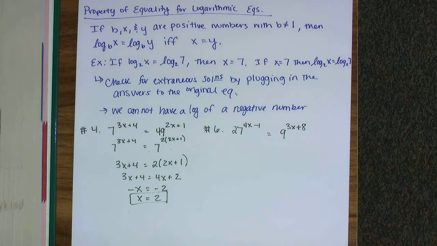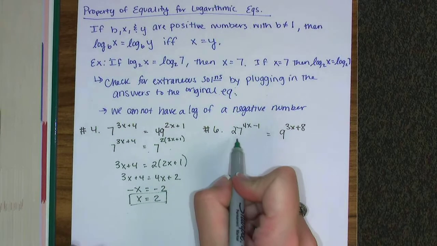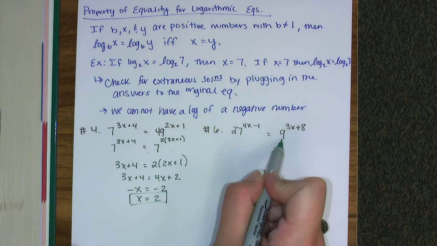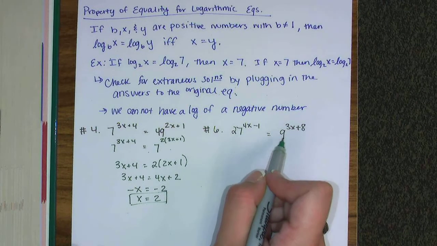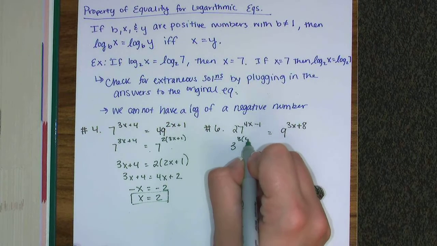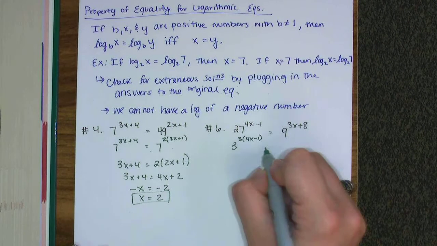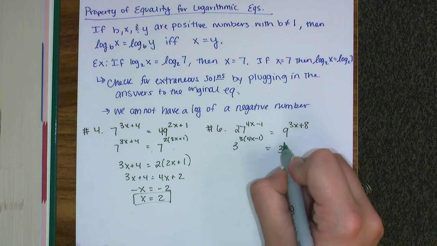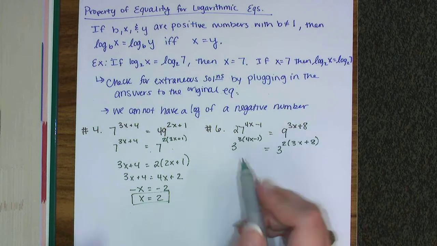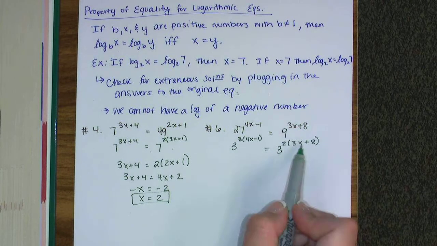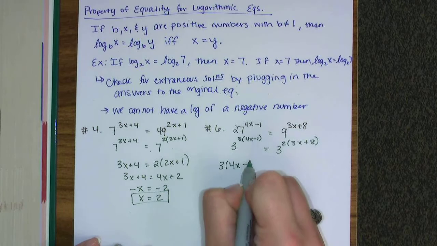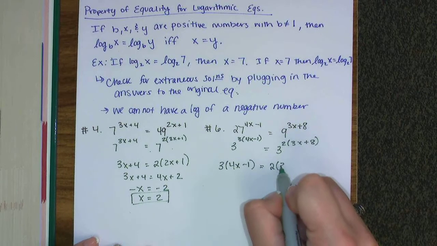So I could rewrite this as 3 cubed and 3 squared, which would probably be my best bet. So 3 to the 3 times 4x minus 1 is equal to 3 to the 2 times 3x plus 8. Now I have the same base, so I can set these two things equal to each other. So 3 times 4x minus 1 is equal to 2 times 3x plus 8.